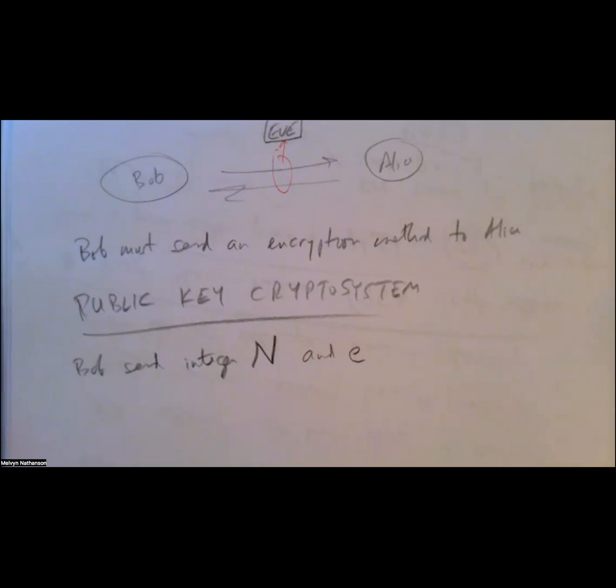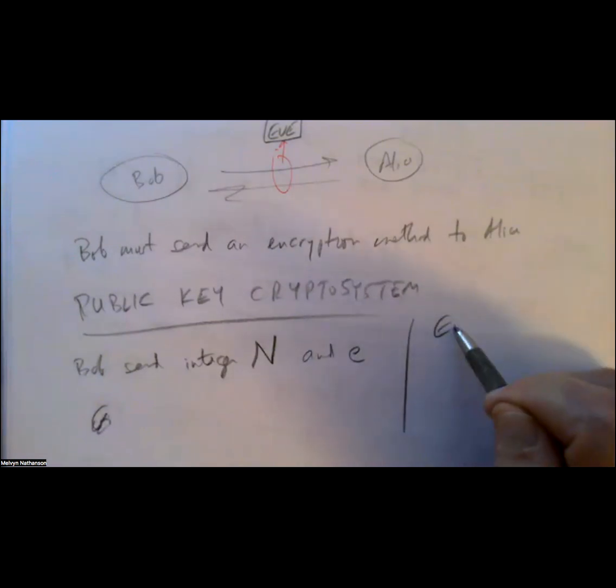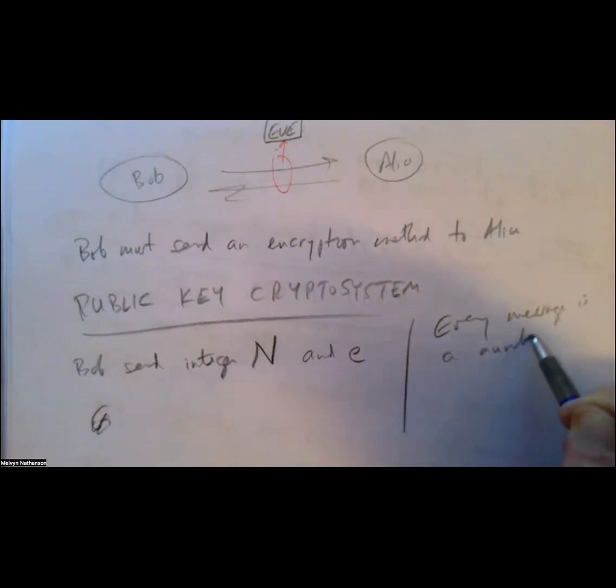This is the encryption method. And how do you encrypt? Oh, and I should say, first of all, every message is a number. I mean, you don't need to send words.